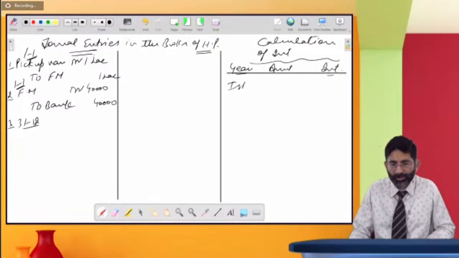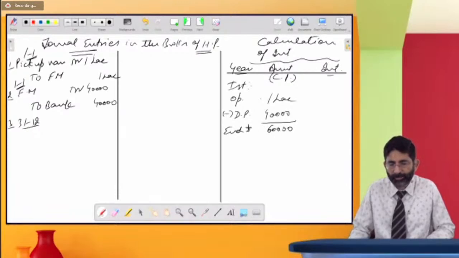First year. So the opening balance is 1 lakh. This is cash price minus down payment of 40,000. So the balance is 60,000 at the end of the first year. So interest will be calculated on it.